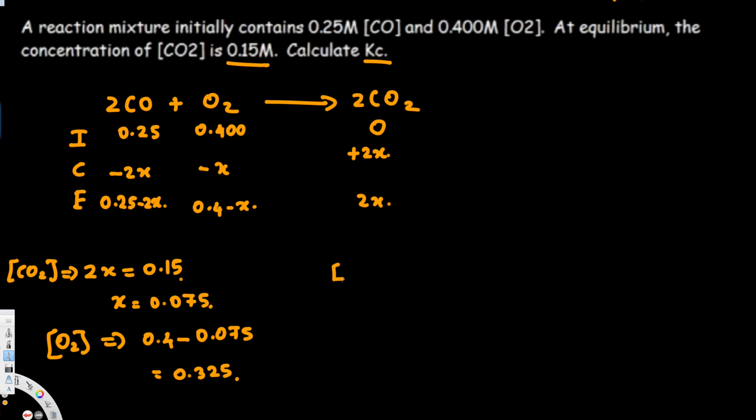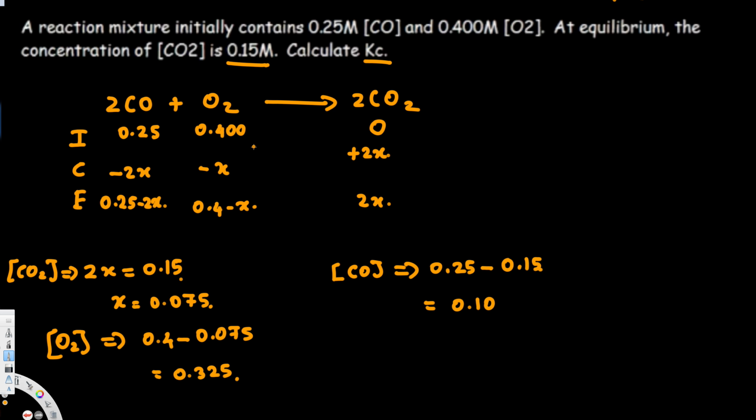Carbon monoxide concentration is going to be equivalent to 0.25 minus 2x. 2x we already know, that is 0.15, so we can just subtract 0.15 right here, and that's going to give us 0.10.